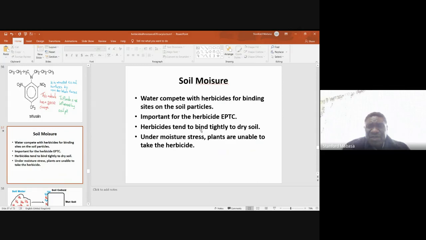This can be important for the herbicide EPTC. If you spray it on dry soil, EPTC tends to bind tightly on the dry soil. Under moisture stress, plants are unable to take up the herbicide.